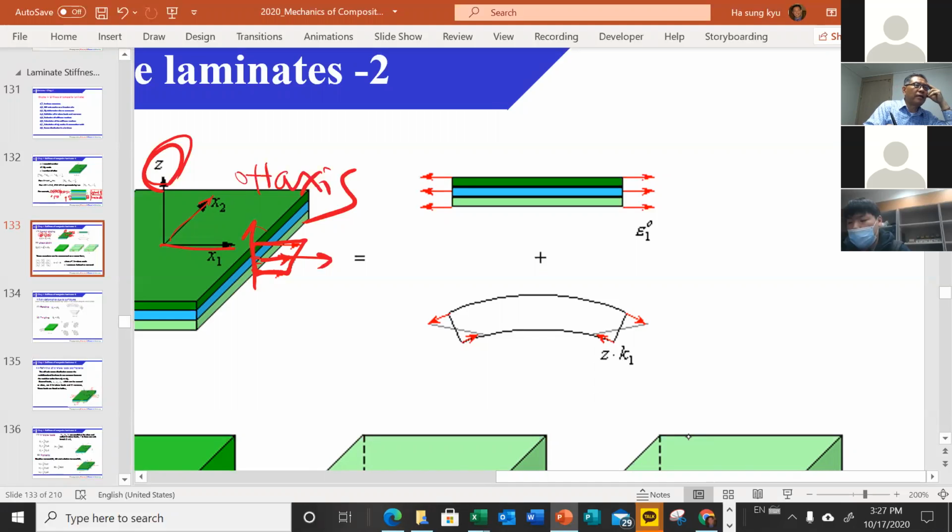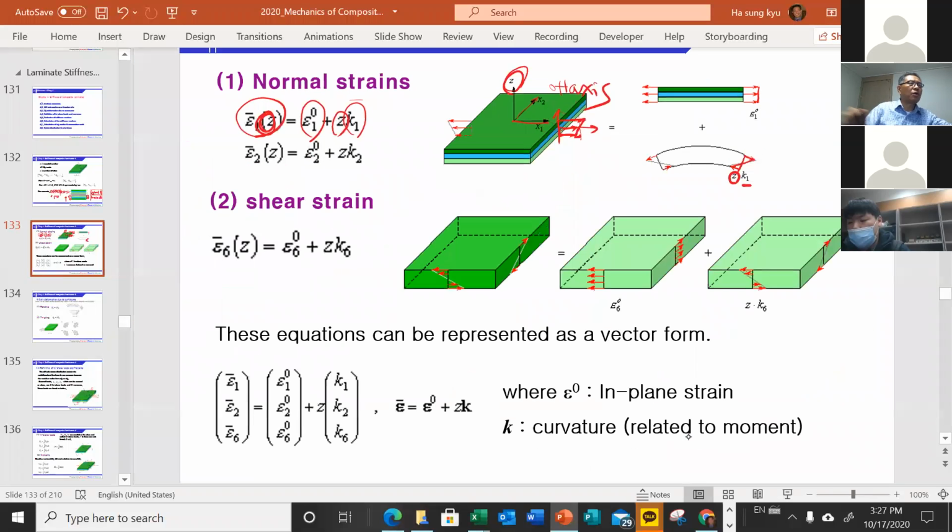This one we can divide into a uniform part, which is this much, and the linear term, which is this linear distribution. That's why we multiply by z, and this is a curvature. K is the curvature, and z is the coordinate. Now we need to understand where z equals 0 is located. Well, z equals 0 is always located at half thickness. Very easy.